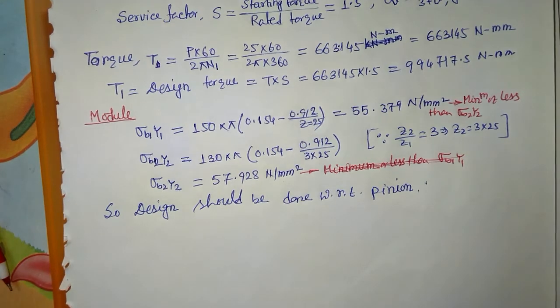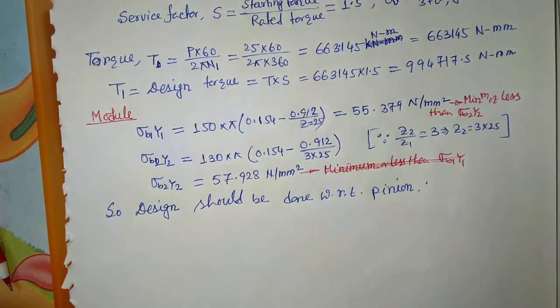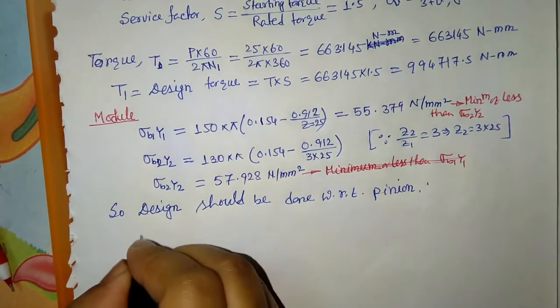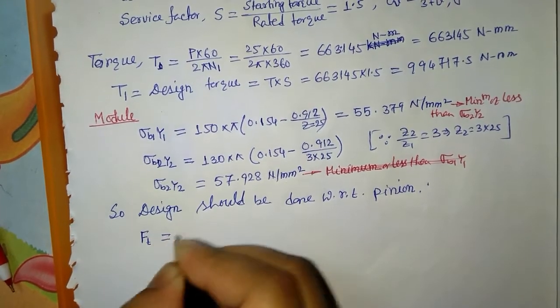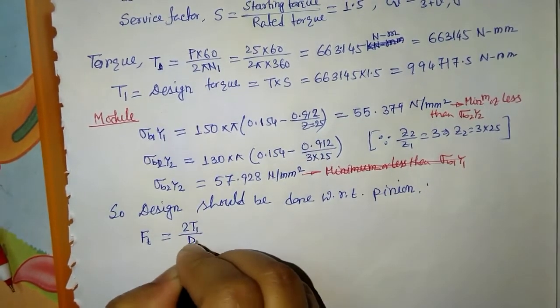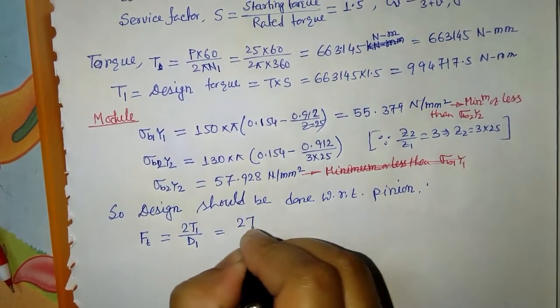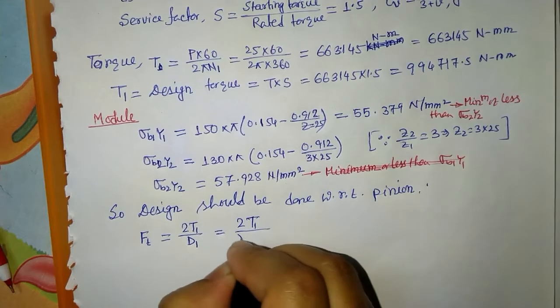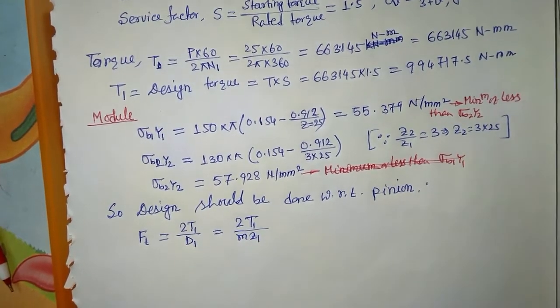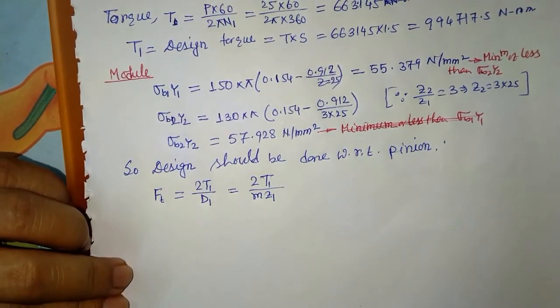Okay, so now for finding the module, we have to write the Lewis equation. For the Lewis equation we have Ft, so we have to find the value of Ft. We know that Ft is equal to 2T1 by D1, or we can write this as 2T1 by M into Z1, where M is the module.